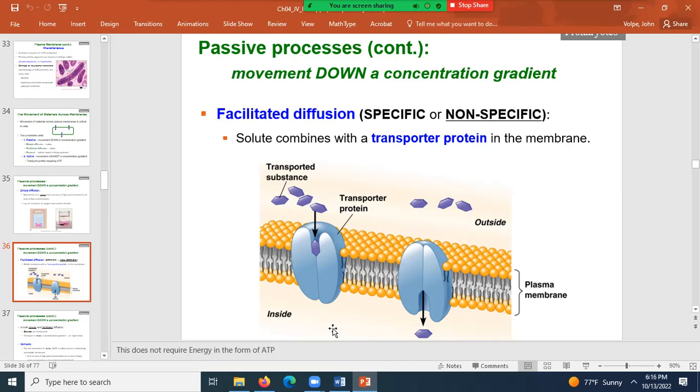Any question about any of that? An example of a molecule moving by facilitated diffusion using a transport protein is the molecule of fructose. So when you're eating a high fruit diet, having a lot of fructose, the molecule of fructose will move into the gut cells by facilitated diffusion.